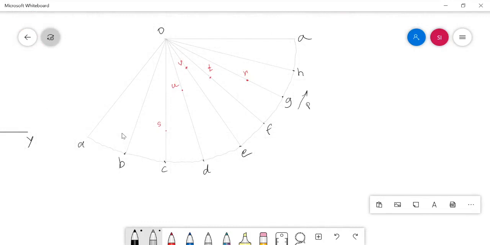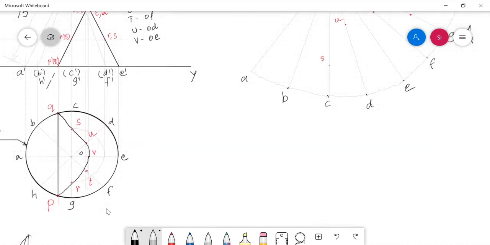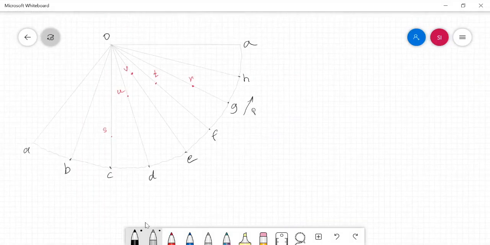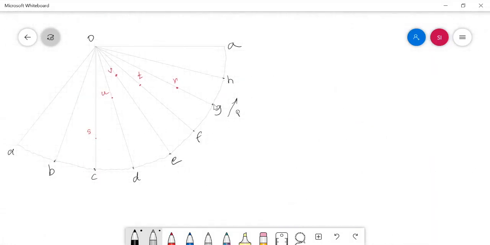It's not a straight line. The GH in the development is also an arc piece with a different radius when you compare here. Here the GH is an arc piece with radius 30 mm, but here the GH is also an arc piece with the radius equal to 75 mm. So in that case, we cannot mark using the 10 mm separation between the point G and P.